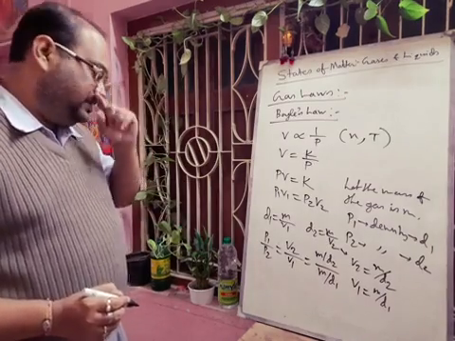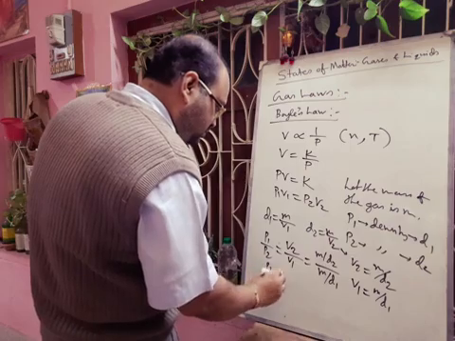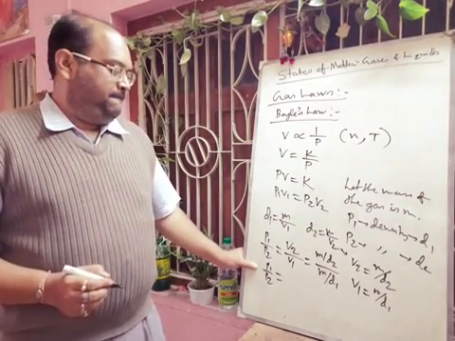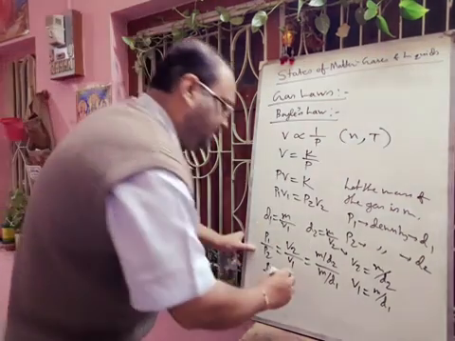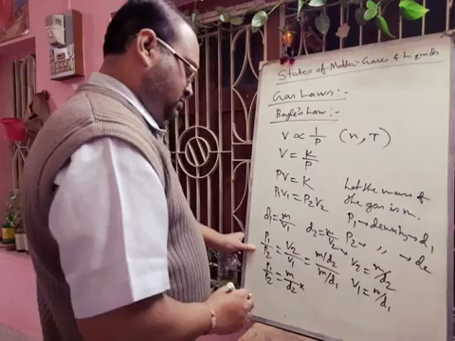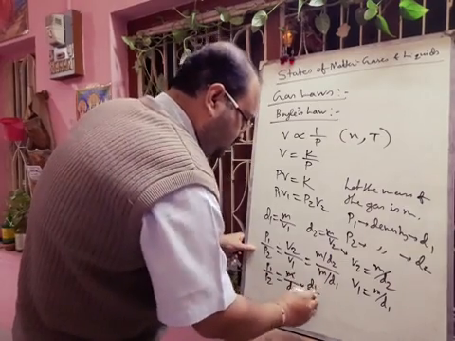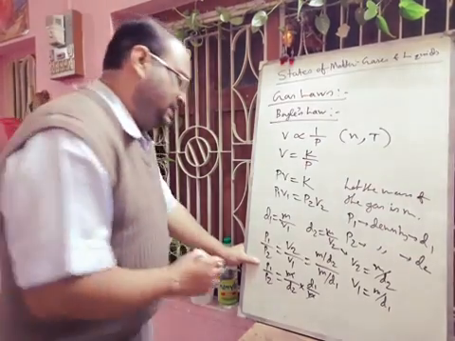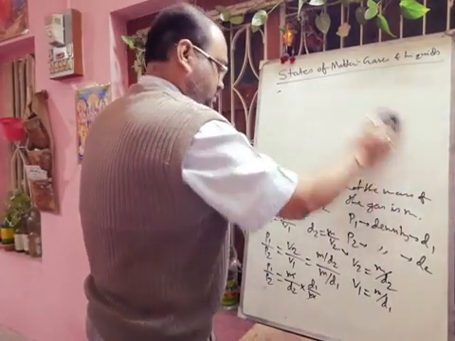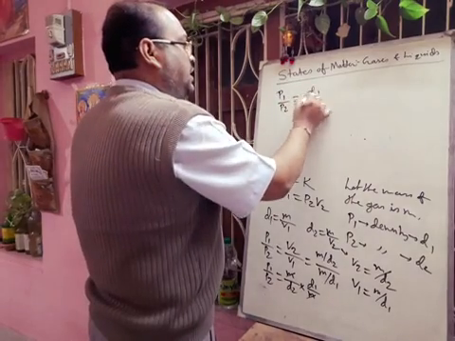And from here we can write P1 by P2 is equal to m by D2 into D1 by m. So we can write P1 by P2 is equal to D1 by D2.